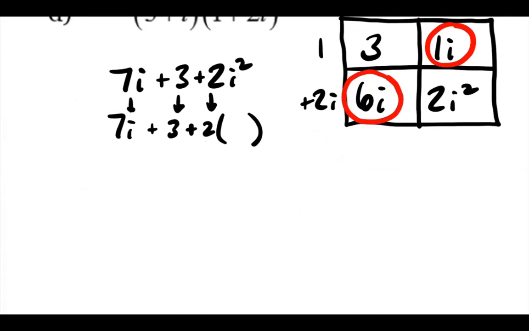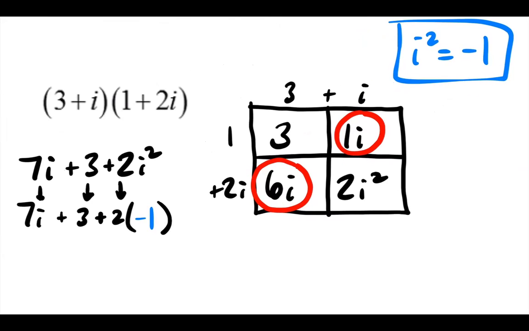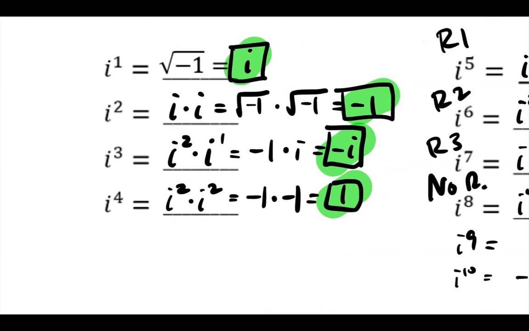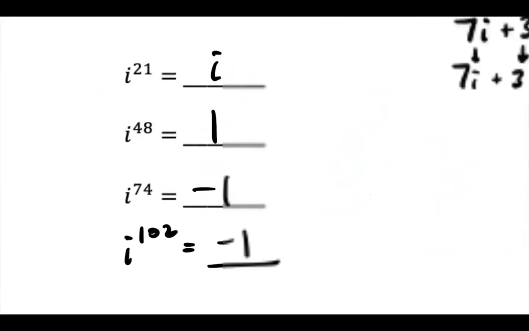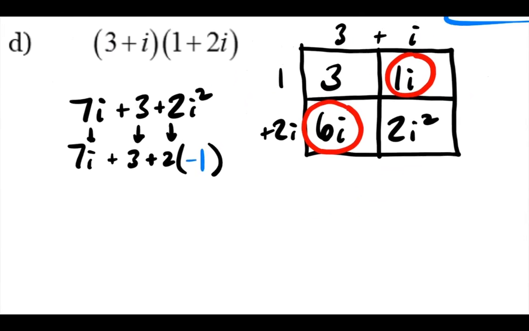And instead of i squared, what am I going to put in there? A -1. Because i squared and -1 are the same thing. Why? How do we know that? Our table says that, all right? Our table over here says that this is the same thing as this. So it's not like I'm doing anything wrong. I'm just substituting.